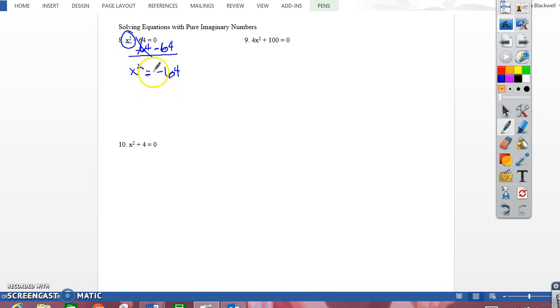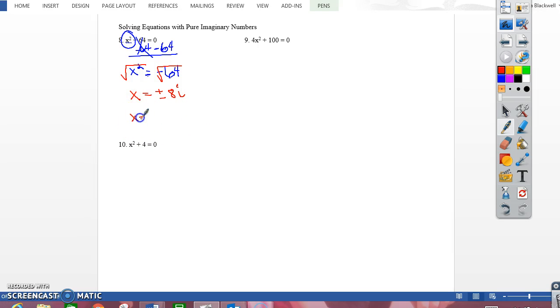So remember, once we have x squared by itself, then we can take the square root of both sides. And remember, when we take the square root, that it's plus or minus. So plus or minus, and I take the square root of negative 64. Well, the square root of 64 is 8. And to take care of that negative, remember, we bring out an i. So it would be plus or minus 8i.